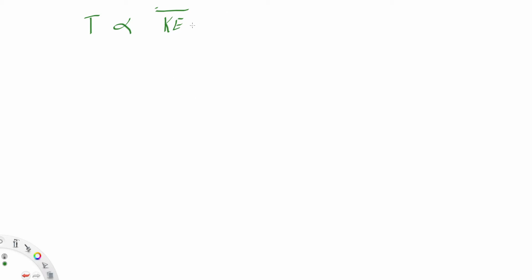So the average kinetic energy is 1/2 mv squared, where this is actually the RMS speed. And the temperature, considering what we just did with the ideal gas law, is PV over NK.